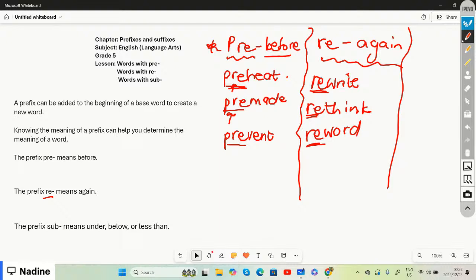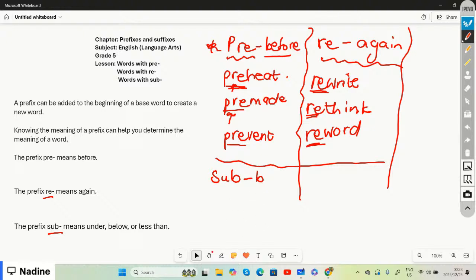And then lastly, we have the prefix, which is sub. And the meaning of sub either means below, and the sub, right?